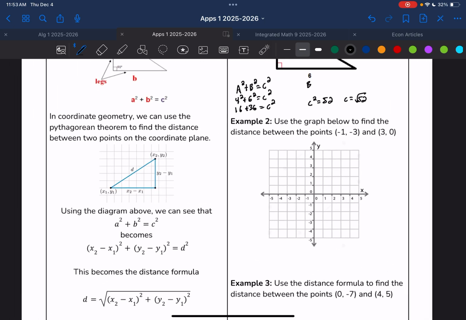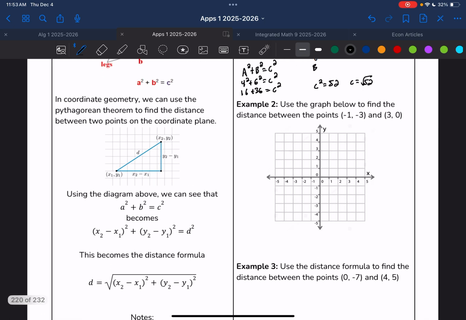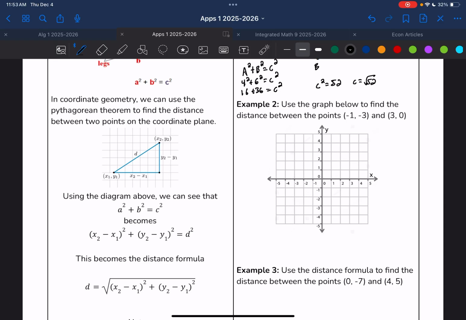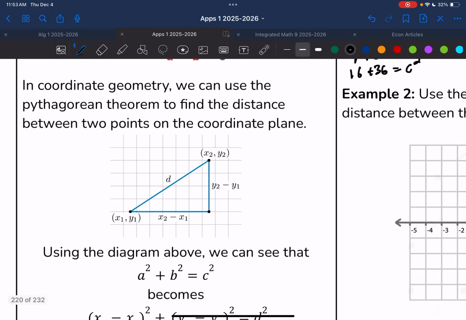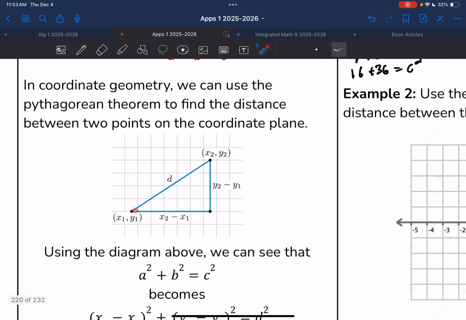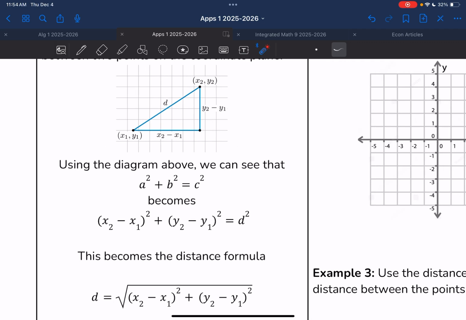All right, and why are we doing that? Well, the reason is because we're going to need to find the distance between 2 points on the coordinate plane. And this is closely related to the Pythagorean theorem. So as you can see, if we have 2 points, x1, y1, x2, y2, and we want to find the distance between them, we can represent that distance as the hypotenuse of a right triangle, where the legs of the right triangle are the distance on the y dimension and the distance on the x dimension.